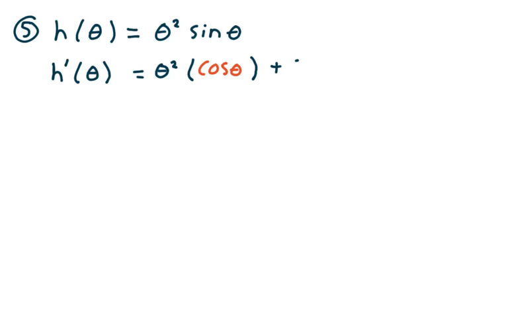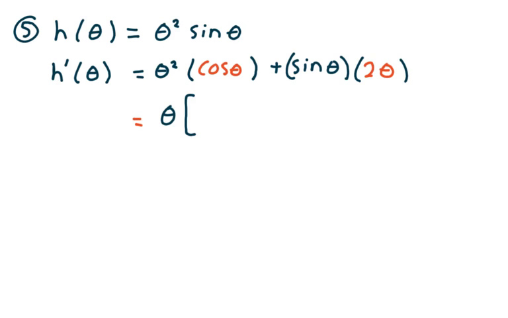And then I'm going to write down sine theta. And then I'm going to take the derivative of theta squared with respect to theta, which is equal to 2 theta. And so I'm going to factor out a theta from both terms.